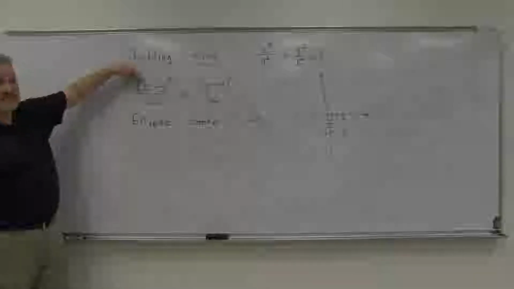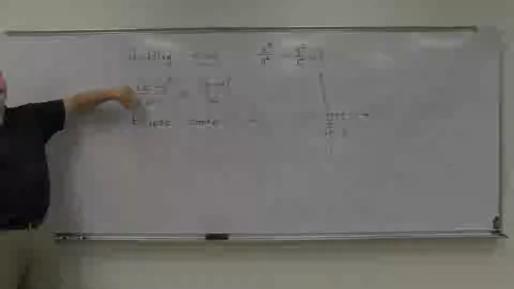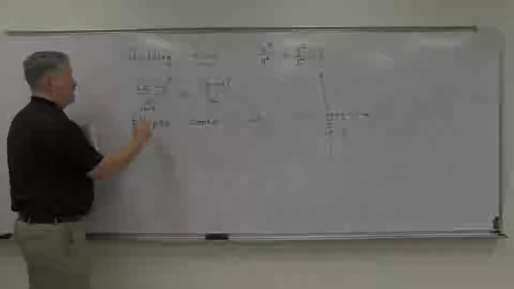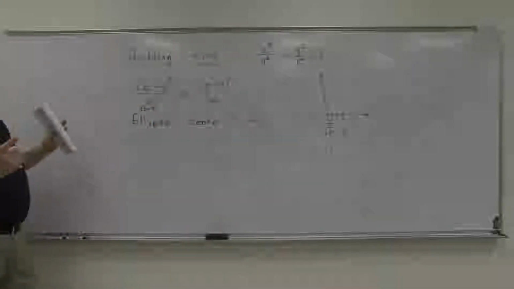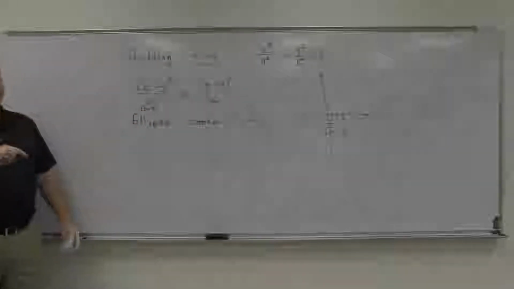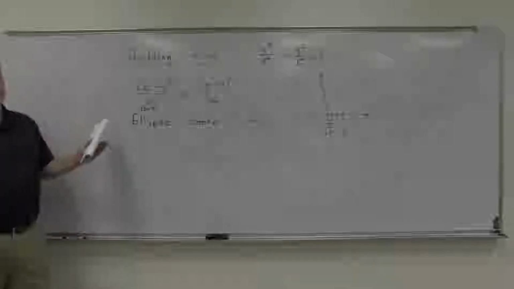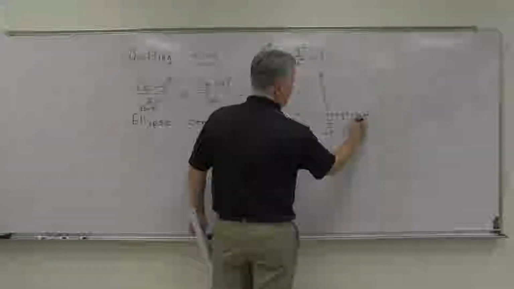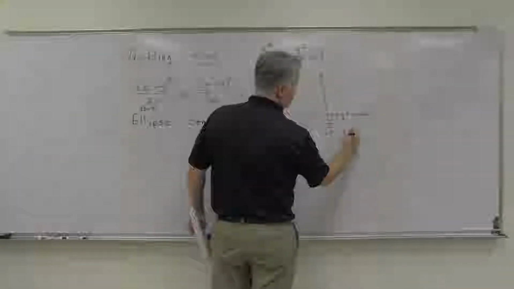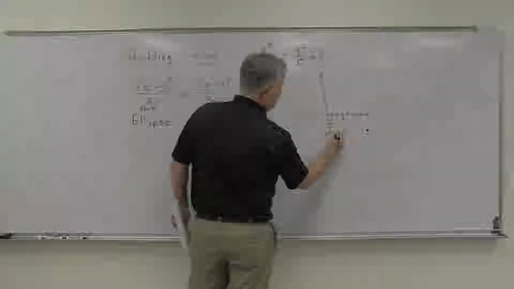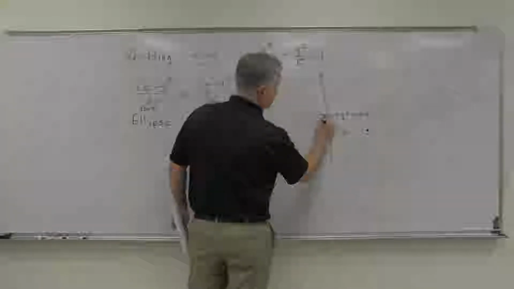Under the x, here, I've got 25. And so remember, in the x direction, you go out the square root of that, 5 there. Now, since our center is shifted, we go out 5 units, not along the x-axis, but to the right and left of the center, just like we did with the radius of the circle. So I'm going to go out 5 units, right and left, from the center. So 1, 2, 3, 4, 5, and then 1, 2, 3, 4, 5.